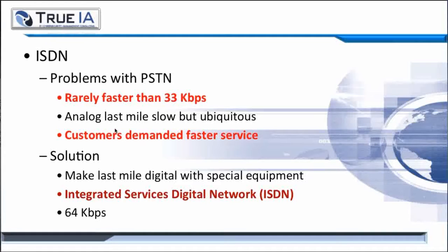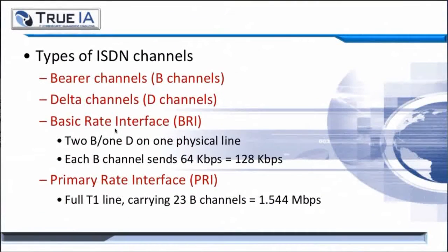And because today's modern customer demands faster service, the solution is ISDN, or the Integrated Service Digital Network. It is capable of speeds up to 64 kilobits per second. So there are several different types of ISDN channels. You have B channels, D channels, and what's known as the BRI and PRI.